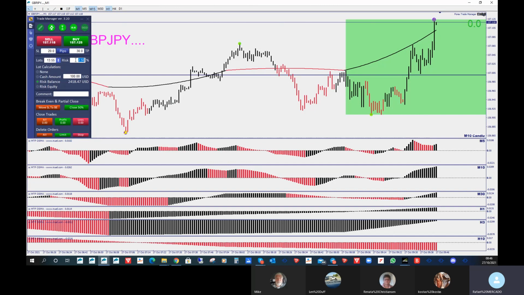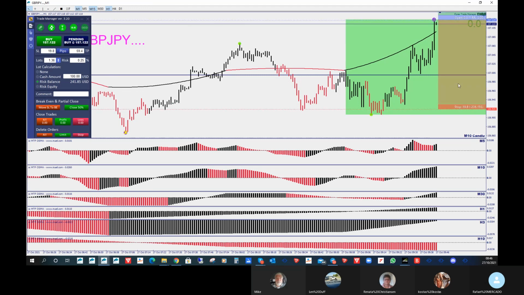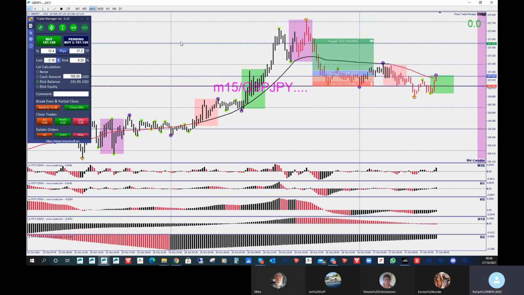0.25. Yeah, we have this two ball retracement here. So maybe you are going to suffer a little drawdown.